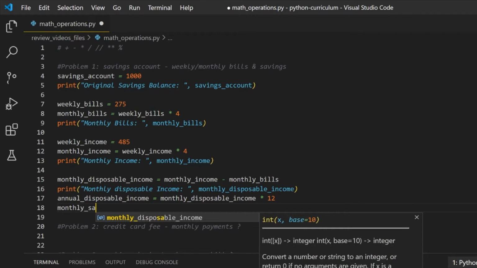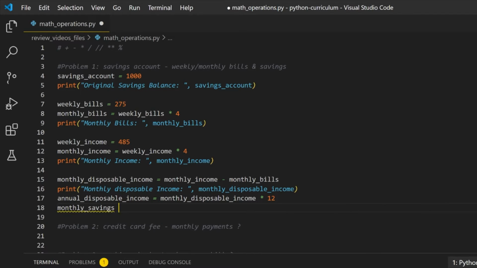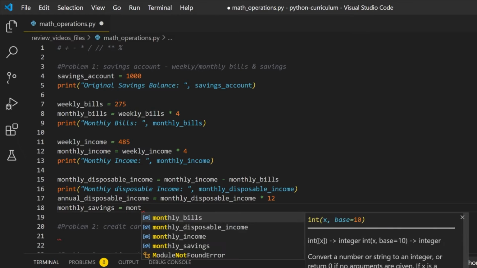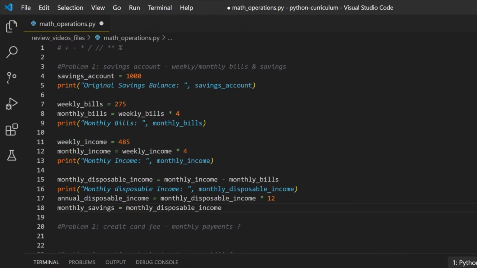Our monthly savings is going to be whatever our disposable income is, so whatever free money we have at the end of the month. So our monthly disposable income, and then we want to save out of that amount. Let's say 45%. To get 45% of that, all we have to do is multiply that by 0.45.